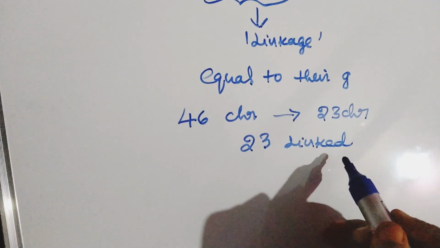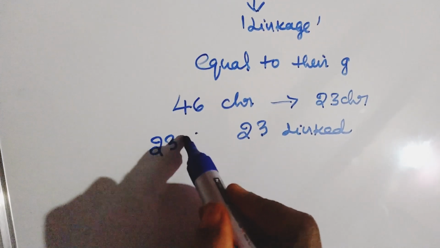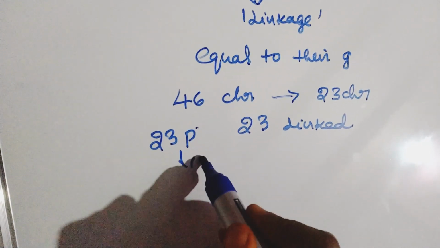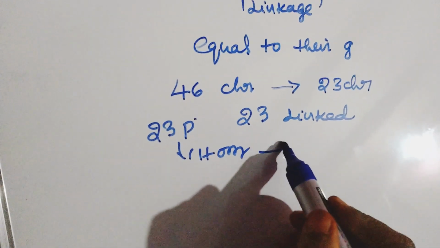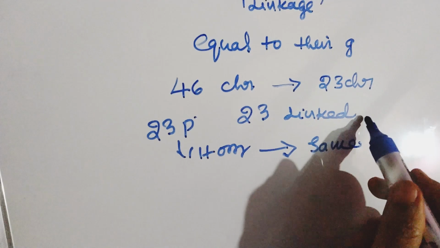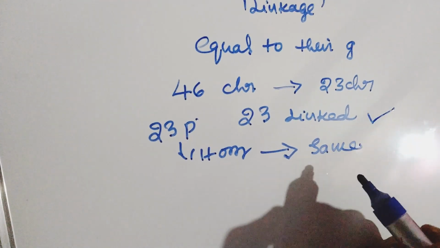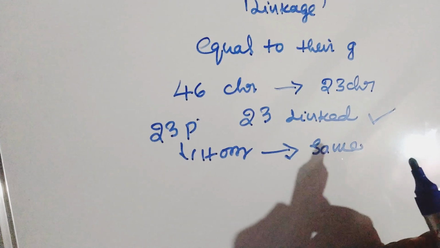Why? Because we have 23 pairs of homologous chromosomes, and homologous chromosomes have the same gene content. That's why we have 23 linked groups in every cell of our body.